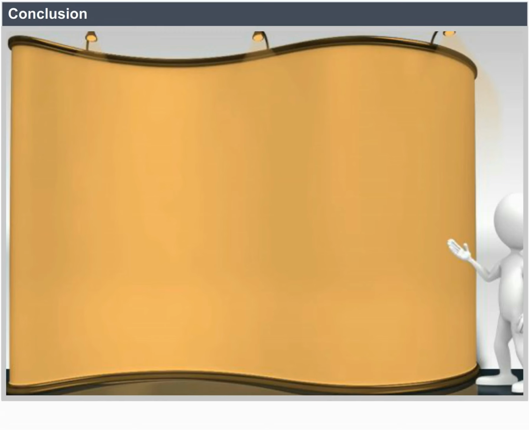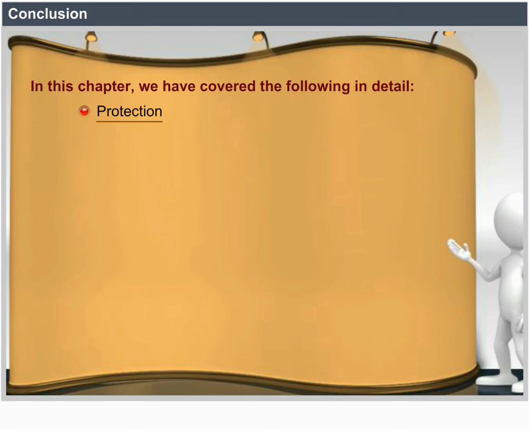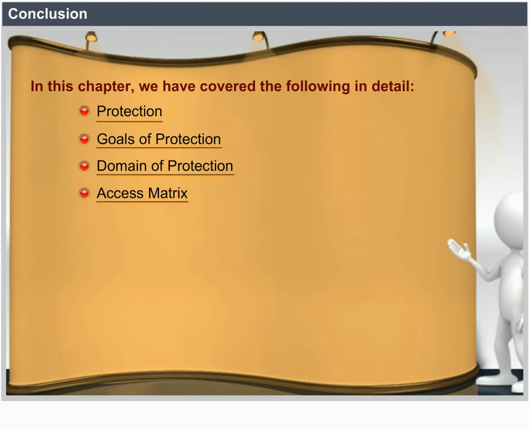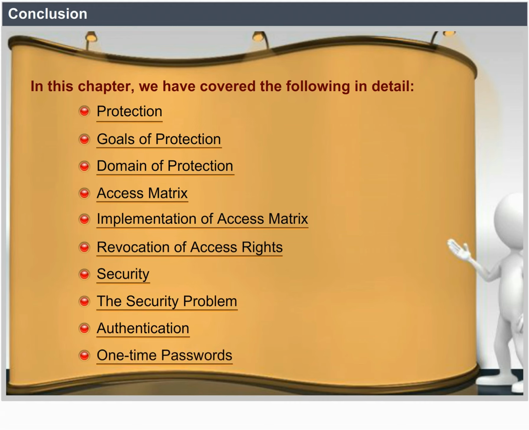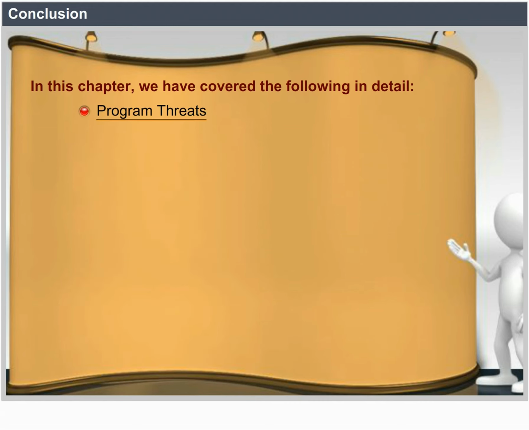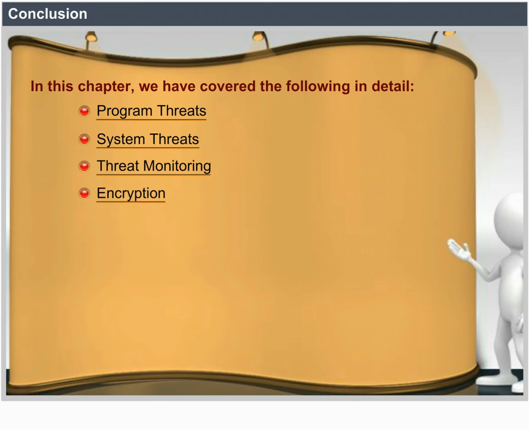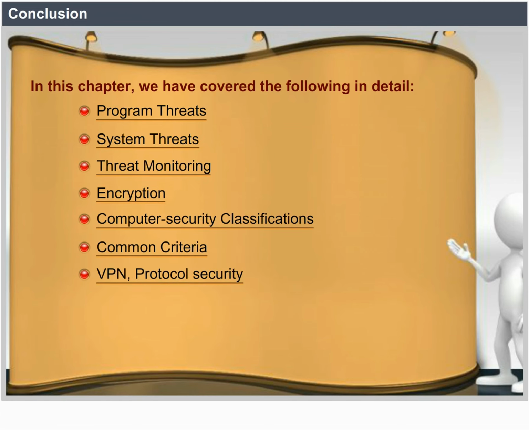Protection, goals of protection, domain of protection, access matrix, implementation of access matrix, revocation of access rights, security, the security problem, authentication, one-time passwords, program threats, system threats, threat monitoring, encryption, computer security classifications, common criteria, VPN protocol security, access checks, ACL, DACLs, auditing and policy management, user account controls, UAC.